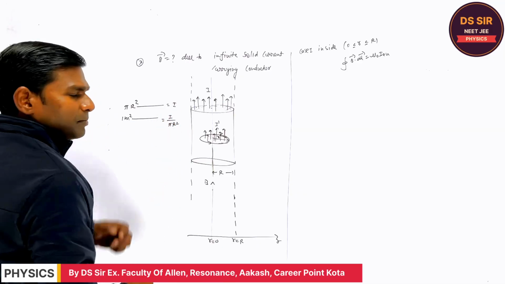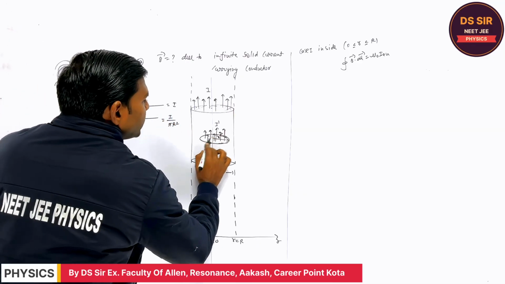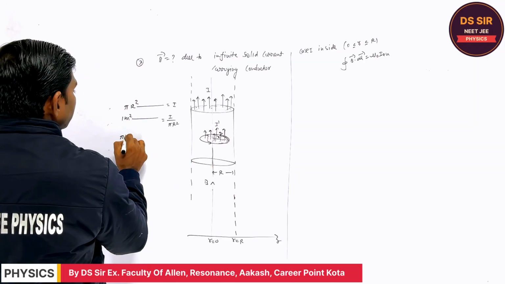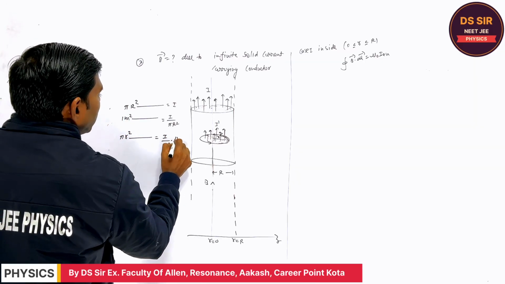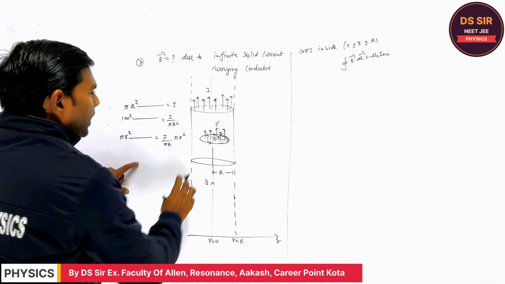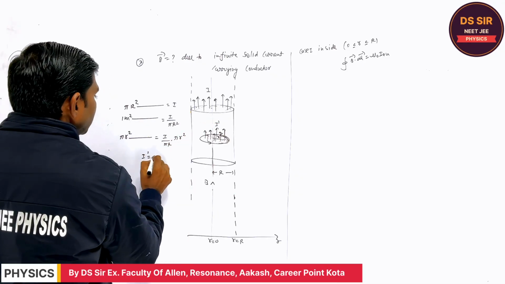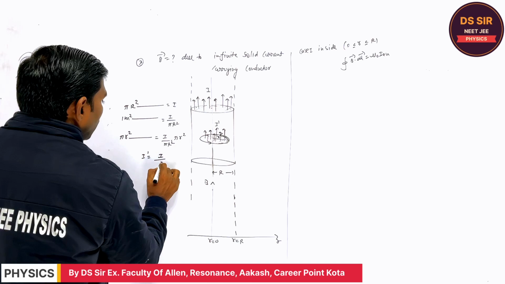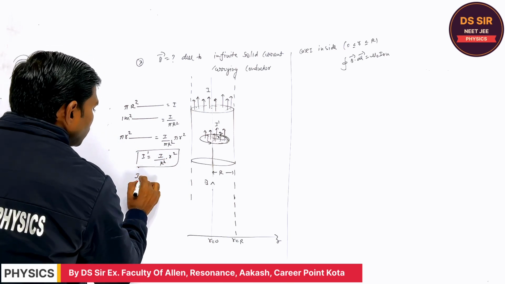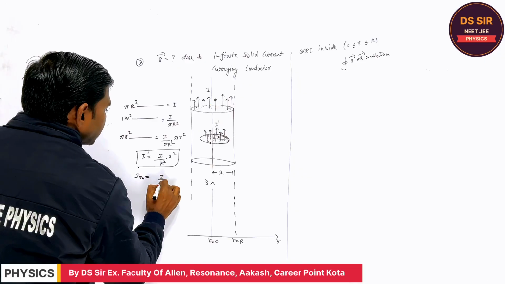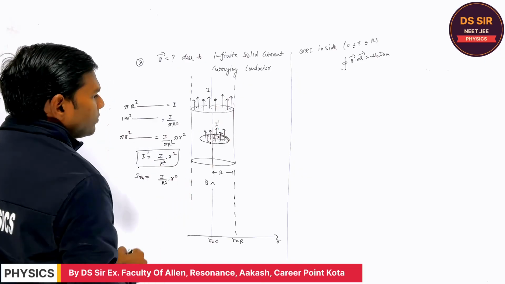So for the area pi r square, it is pi r square upon pi R square into I. This is nothing but I dash is equal to I upon R square into small r square, and this is the I enclosed in this case. Are you getting it or not?